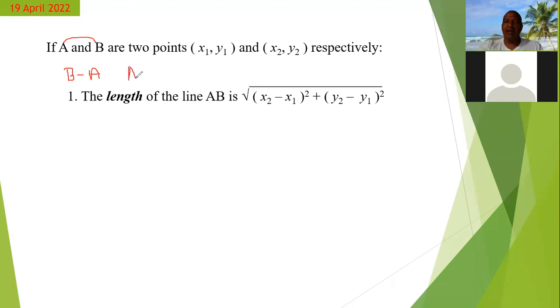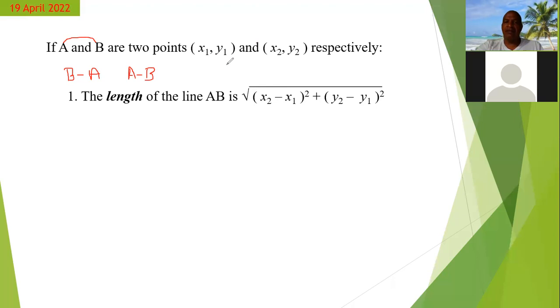You could take away the coordinates of B from A. So whichever way you do it, when you work this out in the formula, they will be correct just the same, right?